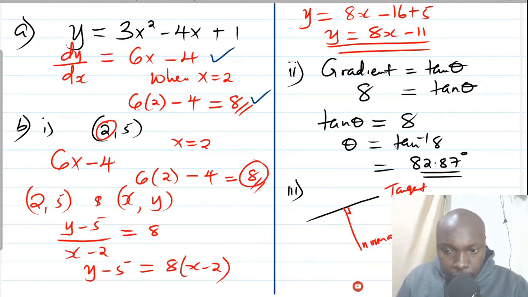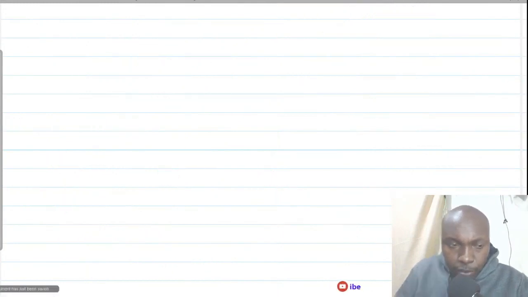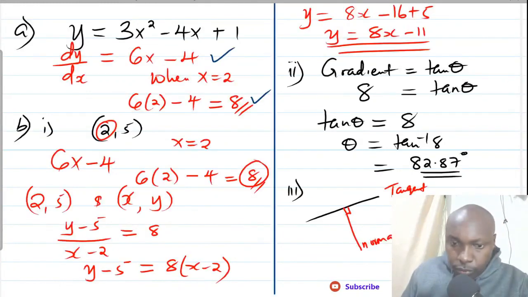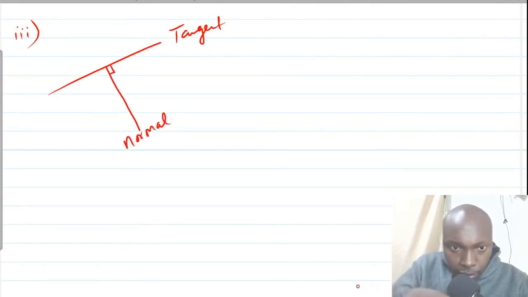Let me go to the next page. This is part 3. If that is the tangent, the line that is perpendicular to the tangent is called the normal, and that is what you need to get. The tangent has a gradient of 8.